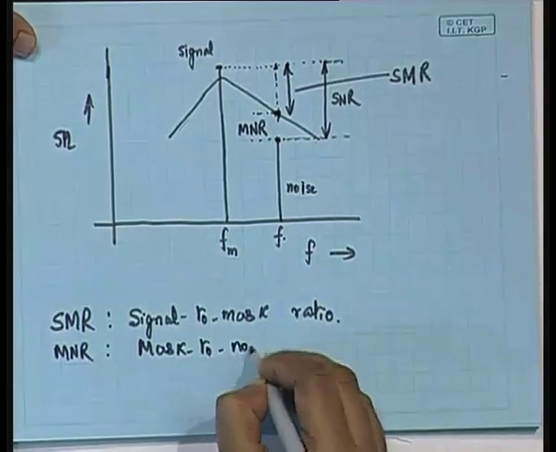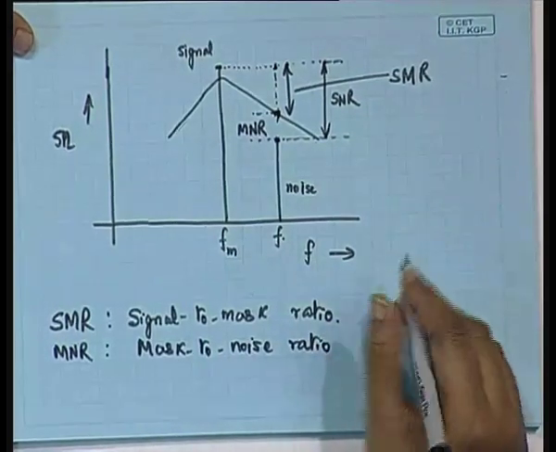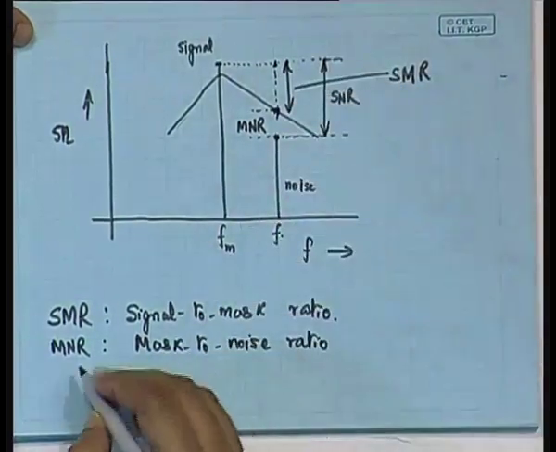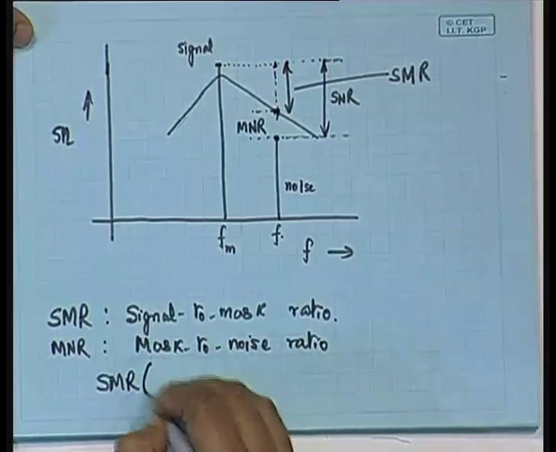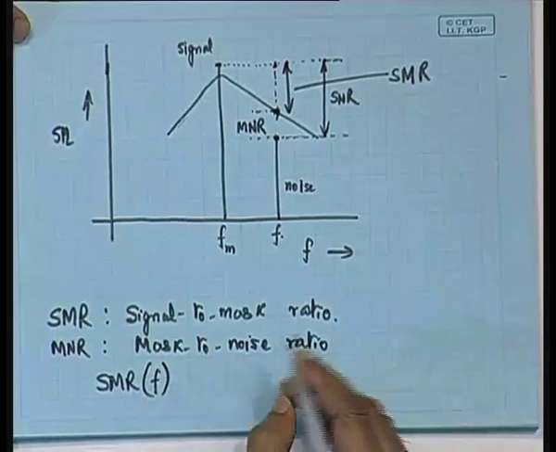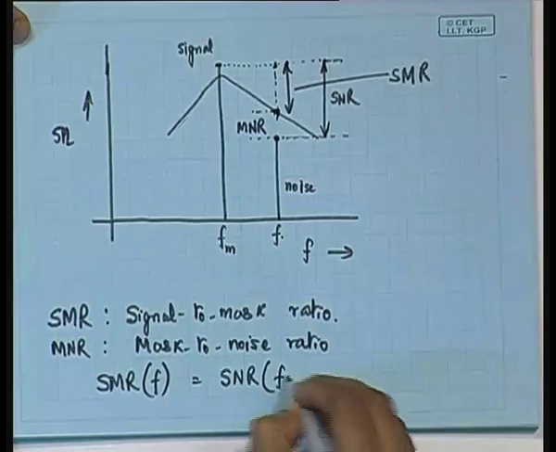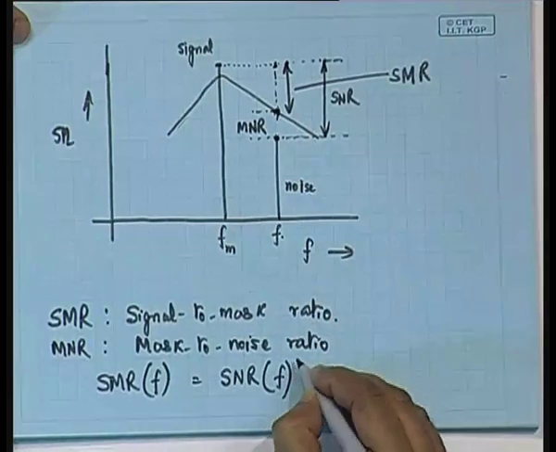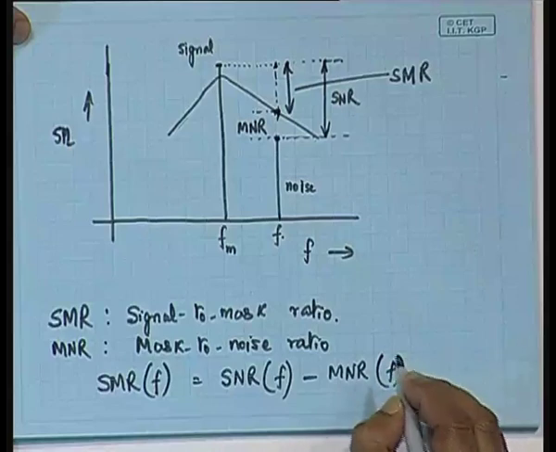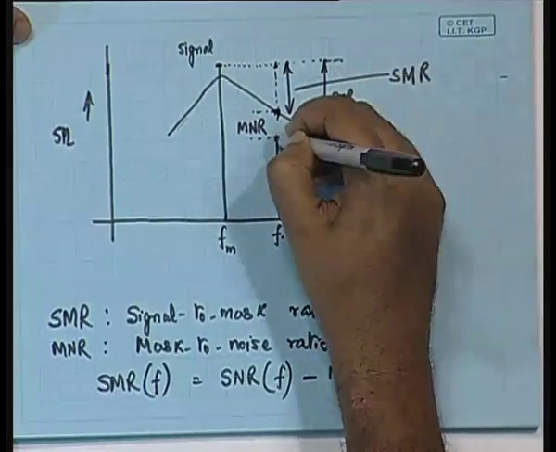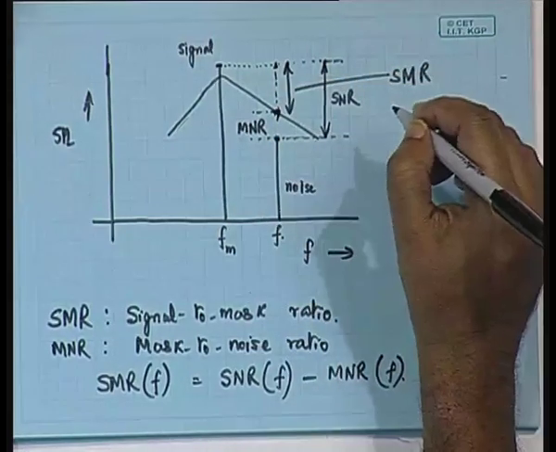All these are customarily expressed in decibels. So, it is very clear that the relationship is that the SMR at the frequency f is the SNR, the signal to noise ratio at the frequency f, minus the mask to noise ratio at the frequency f. So, it is SNR minus MNR that gives you the SMR.